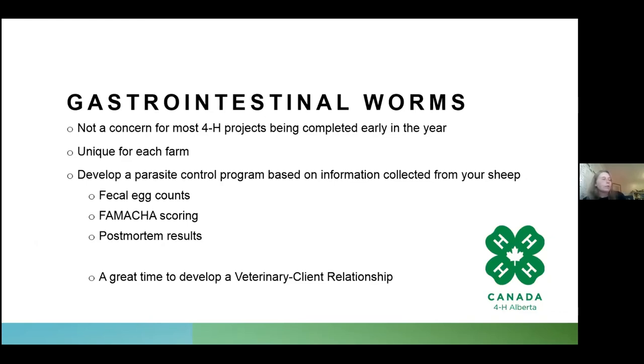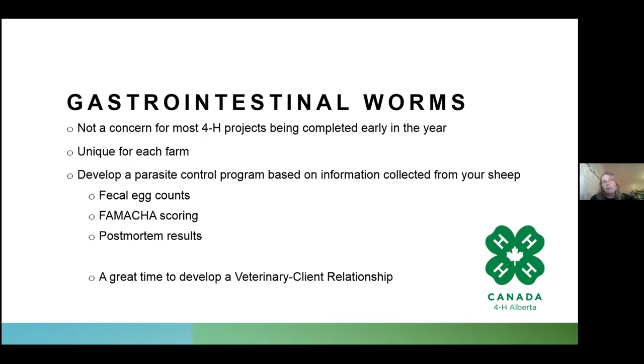But gastrointestinal worms are unique for every farm. So it is something that has to be taken seriously because we are getting a lot of resistance issues in the treatment. So you need to develop a parasite control program, and that program should be developed with some information on hand.